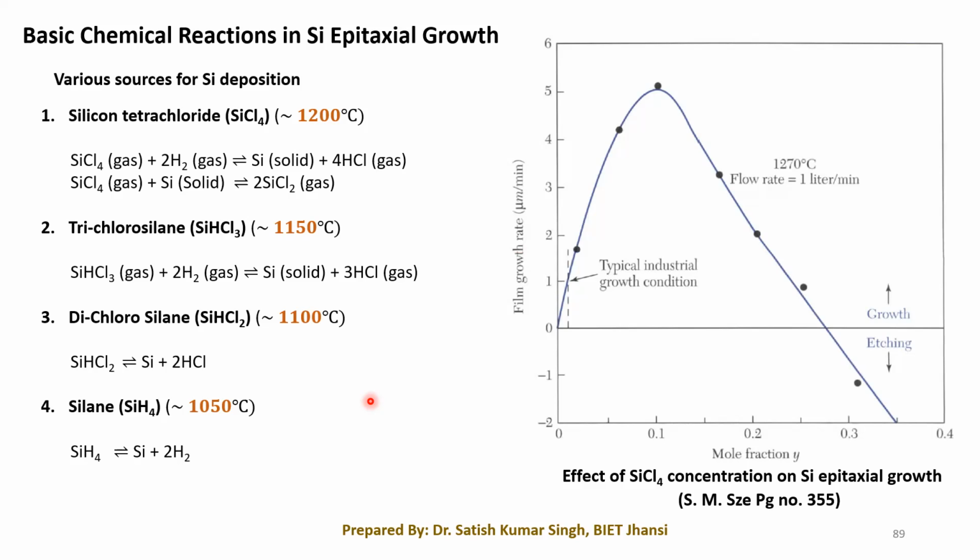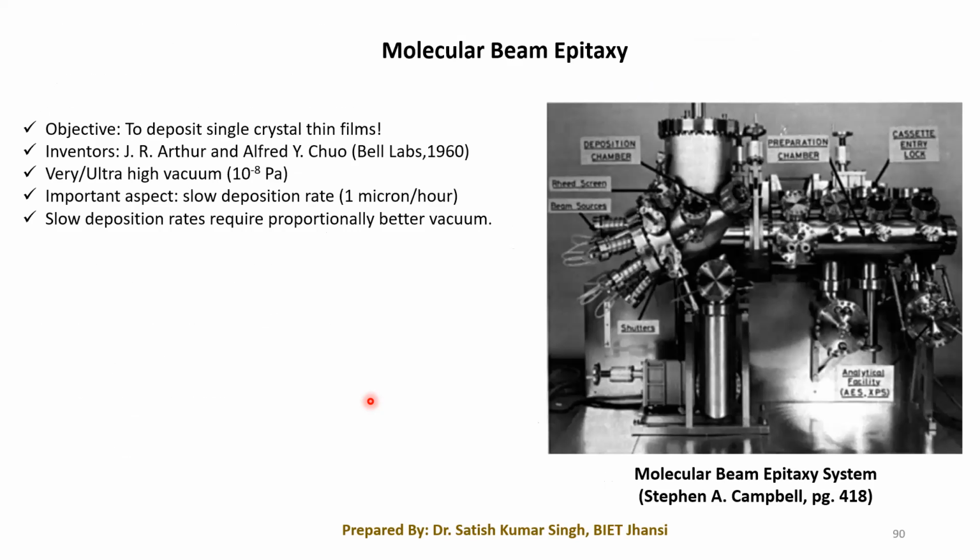Okay, so in molecular beam epitaxy, as we have already seen, when we want to grow an epitaxial layer, it should be a monocrystalline layer over a particular wafer surface. So we will take a particular substrate, and onto that we have to grow a thin film that will be monocrystalline in nature.